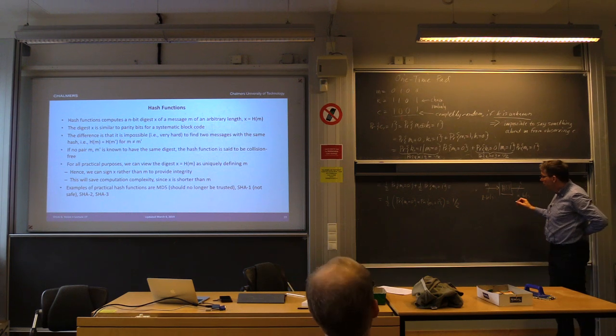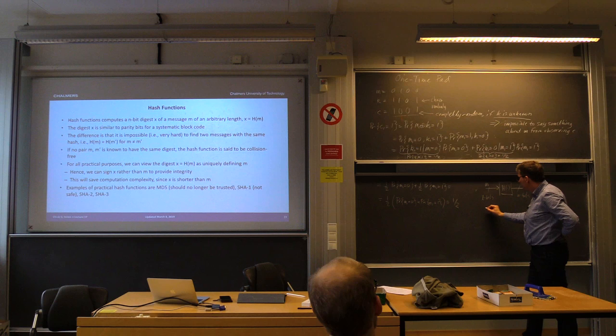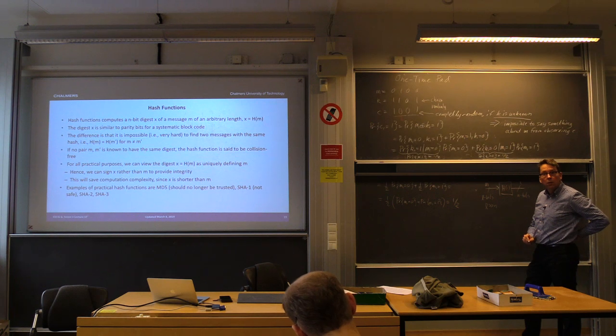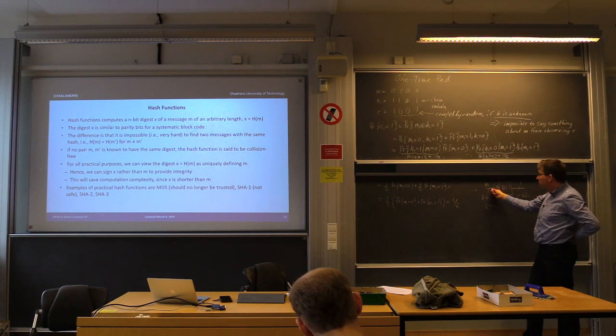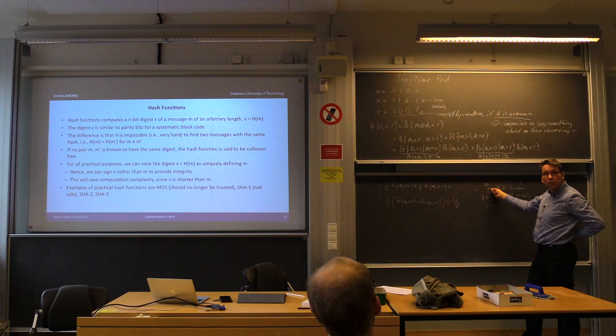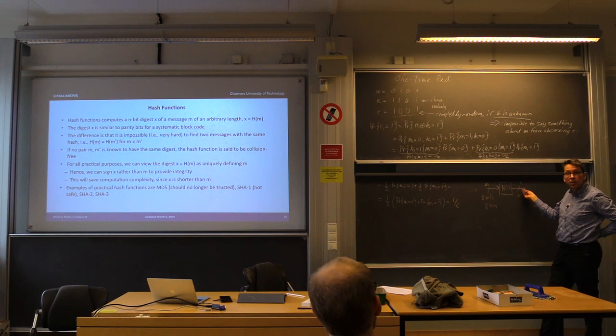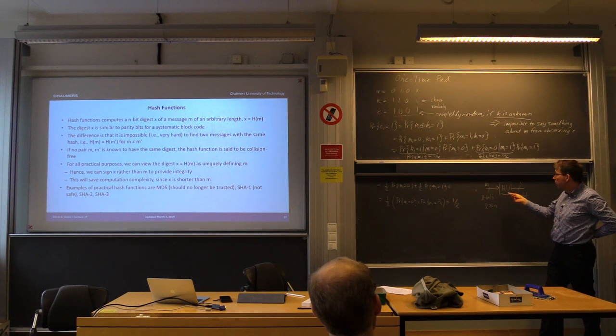And typically, the number of input bits is much, much larger than n. Maybe this is a gigabyte of data, while the output might be 256 bits or something like that. So it will be 256 bits regardless of how many bits we feed in.